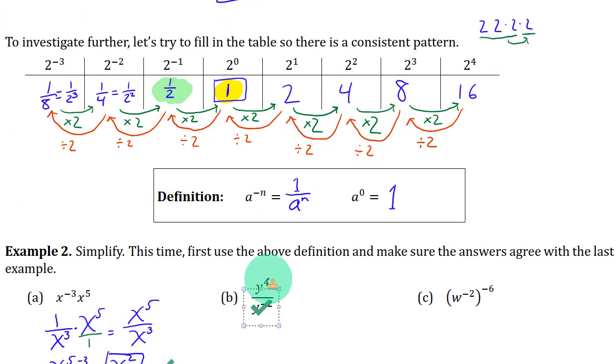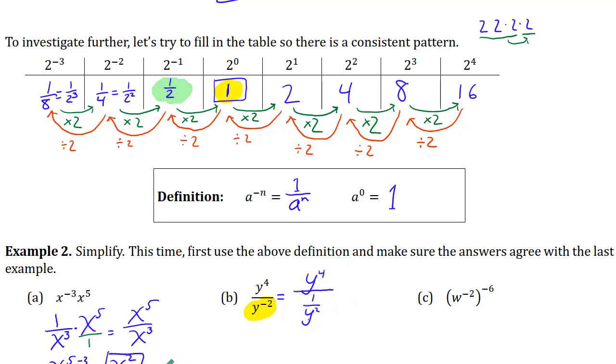Okay, let's try the same thing with this one. So that y to the negative 2, I'm going to leave it in the bottom of this big fraction, but write just the y to the negative 2 as 1 over y to the power positive 2. So now you're thinking this isn't really any simpler. How are we going to simplify this? Well, there's a trick.